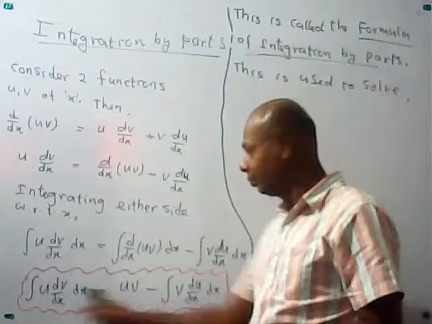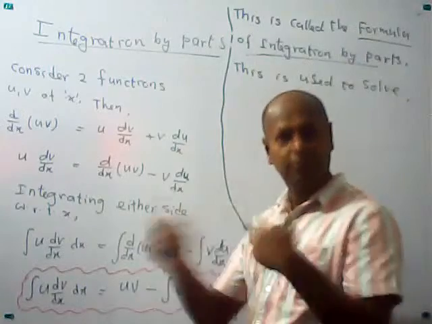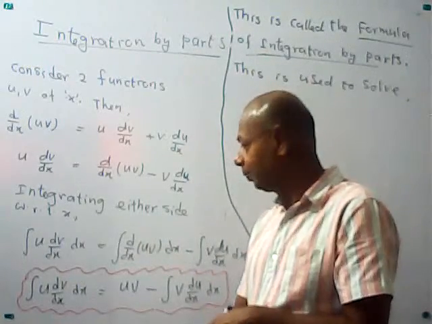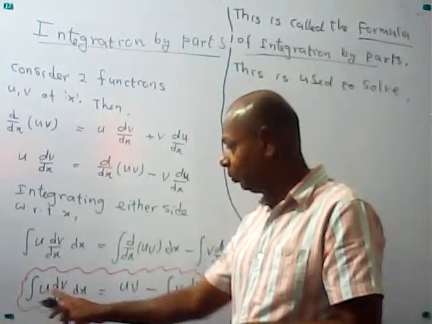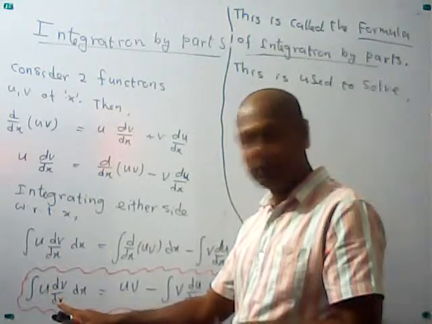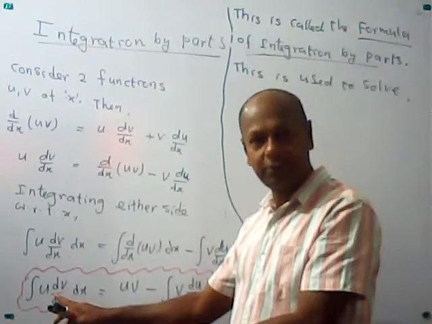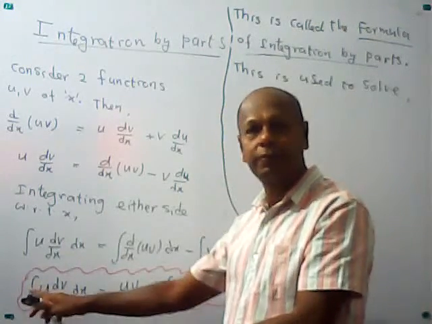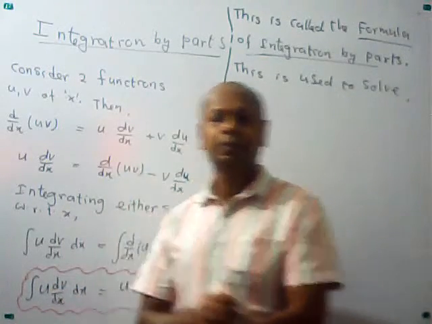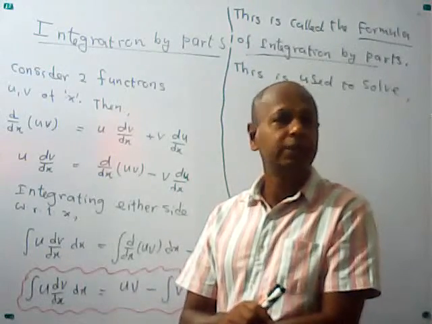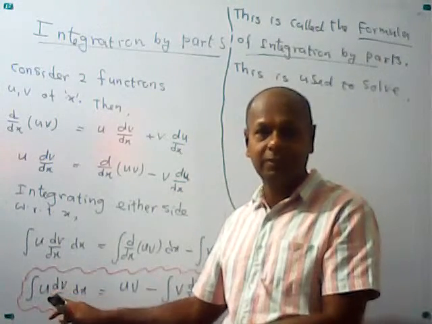This formula is used to find this side; to find this side, we will use the other side. That's what a formula always does, right? So this side, u into dv by dx. U is some function of x, dv by dx again a function of x. So it looks like a product of two functions of x. So this is one occasion where we use integration by parts: to integrate a product of two functions, right?